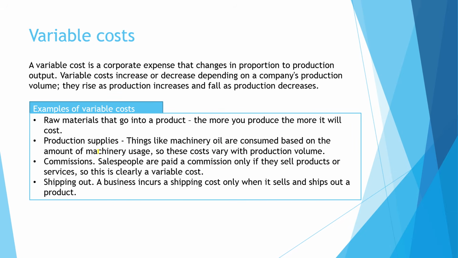And now let's understand what variable costs are. So variable costs are basically the opposite of fixed costs, because a variable cost is a corporate expense that changes in proportion to production output. So variable costs increase or decrease depending on a company's production volume. They rise as production increases and they fall as production decreases.